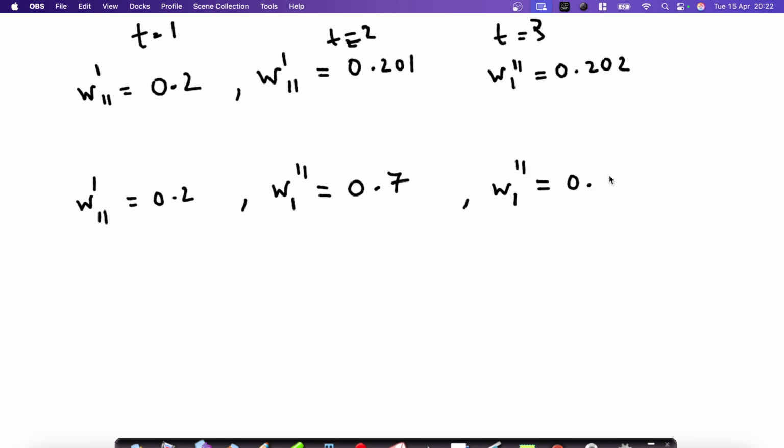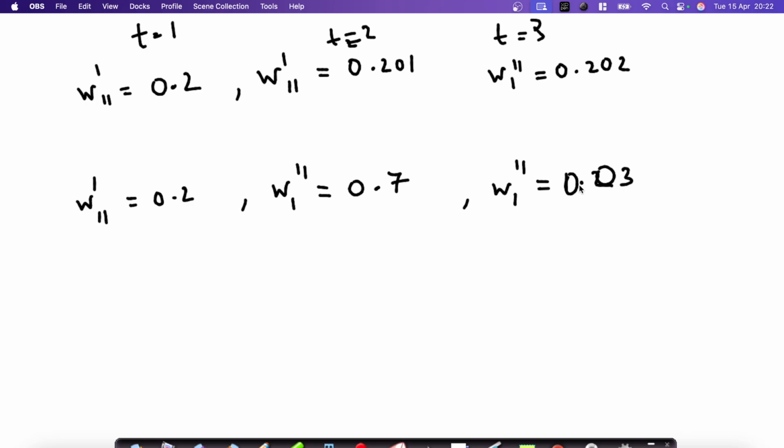The same thing will happen in the next iteration. Let us take a value like this, let us say 1.2, which is very different, or we might see 0.03, right? These values are very different.